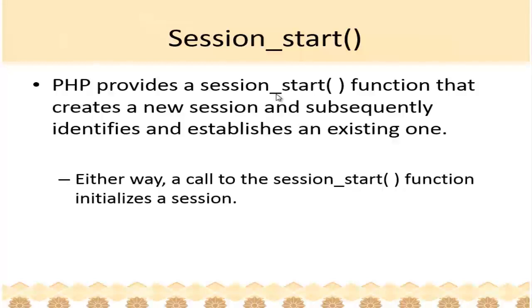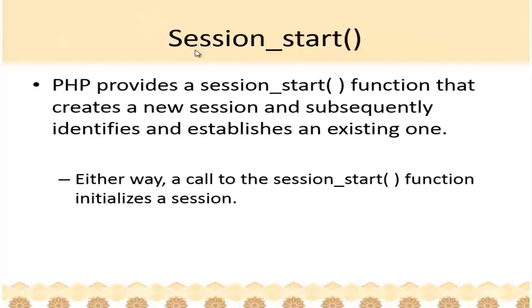First, PHP will figure out whether the client already has an ID with it. So it will not generate the session ID immediately. First, it checks the request that the user has given to see whether the client already has an ID. If the client says I already have an ID, it uses that ID.